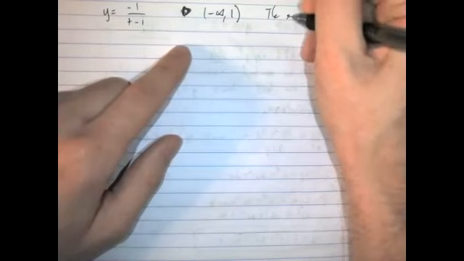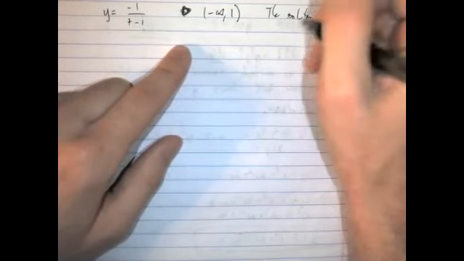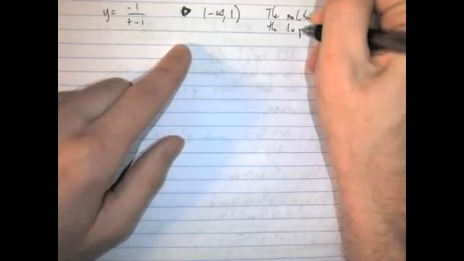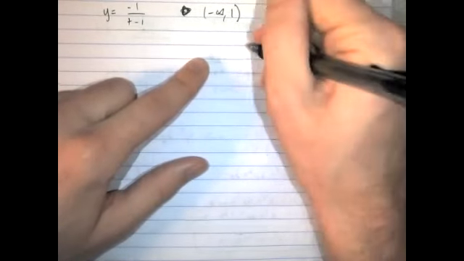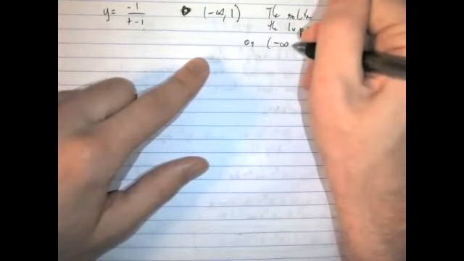But the solution to the IVP is defined here on -infinity to 1. Right?